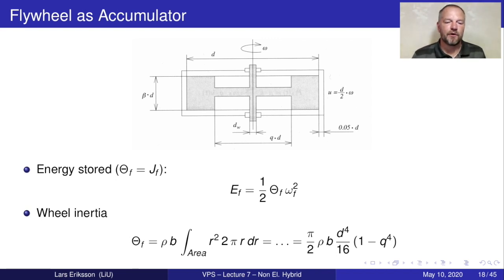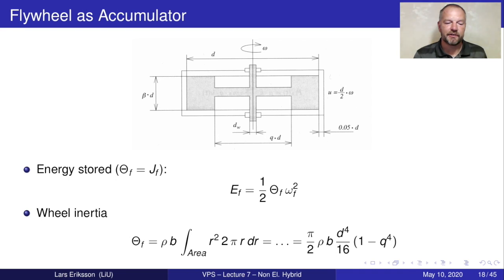So the energy stored in a flywheel or in any other inertia is proportional to the speed squared. So this is 1/2 times m times v squared in translational system, but in rotational system it's 1/2 times the inertia times the angular velocity squared.